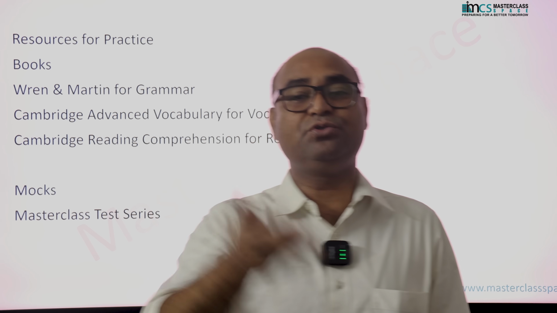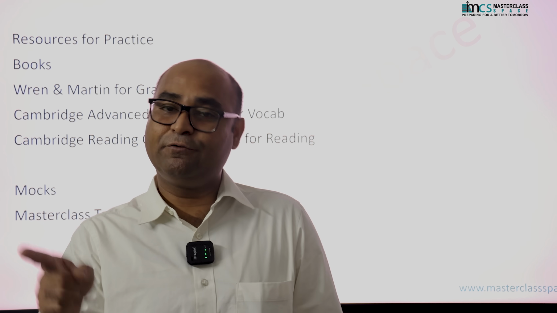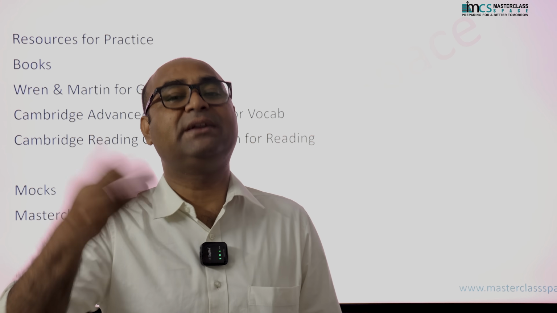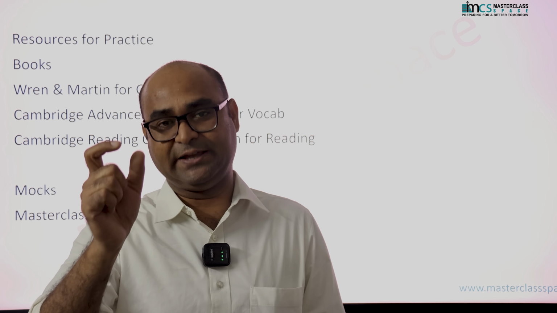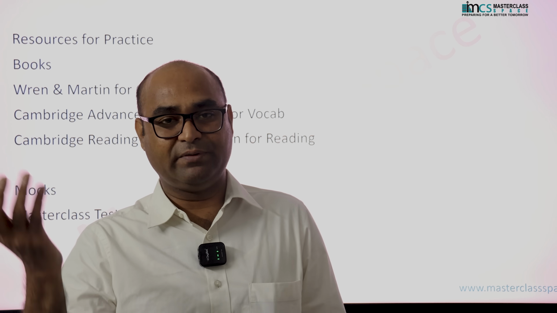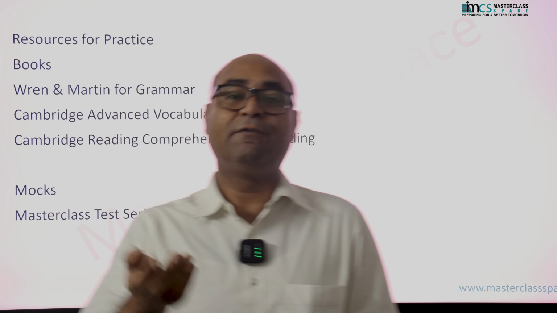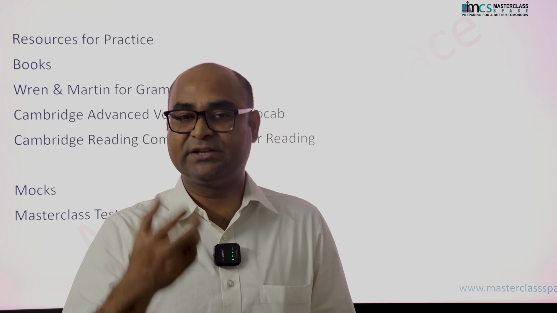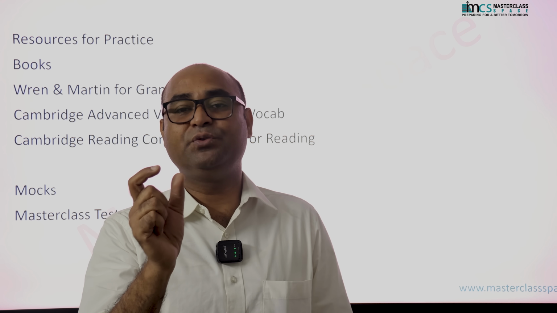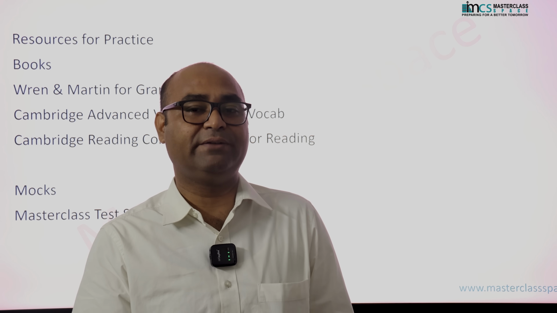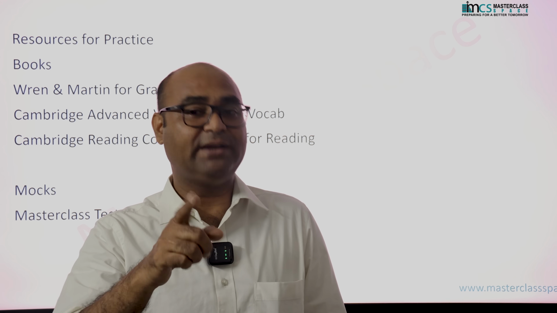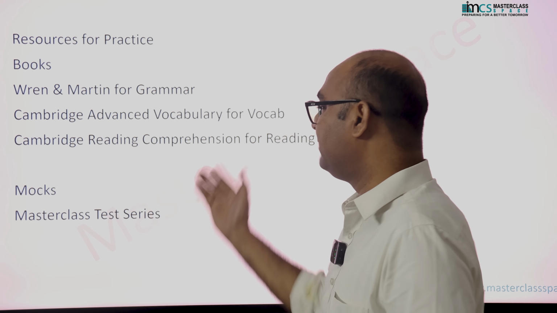After each unit you have some test to do, and therefore this book is better than Word Power. Of course, that is healthy and has a good number of pages. We cannot compete with Word Power, but from the BITSAT point of view, you do not have to be an expert in the English language, and therefore you need a book that gives productivity along with practice, right? So therefore Cambridge Advanced Vocabulary.